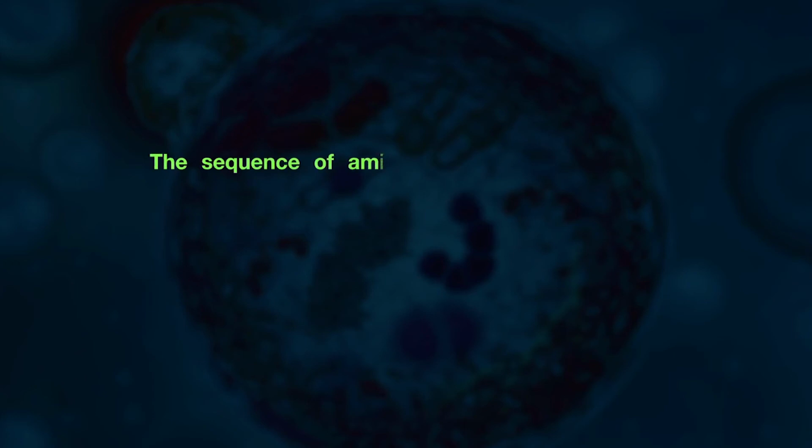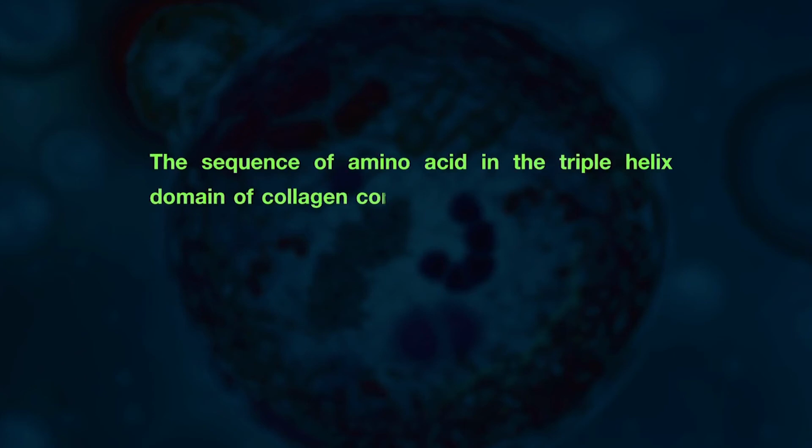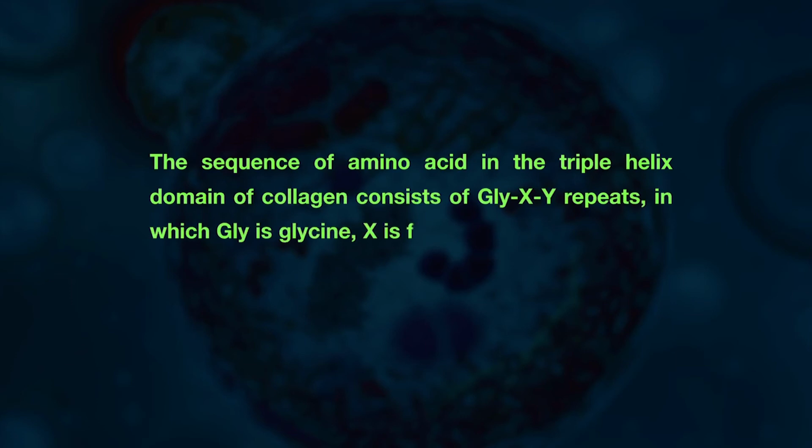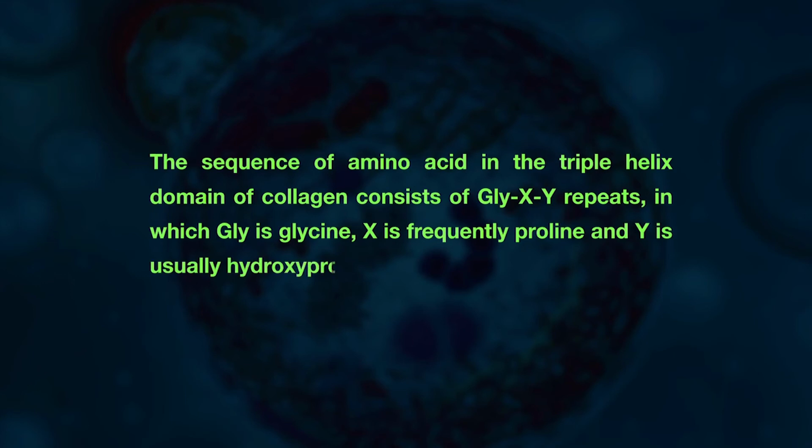The sequence of amino acids in the triple helix domain of collagen consists of Gly-X-Y repeats in which Gly is glycine, X is frequently proline and Y is usually hydroxyproline.